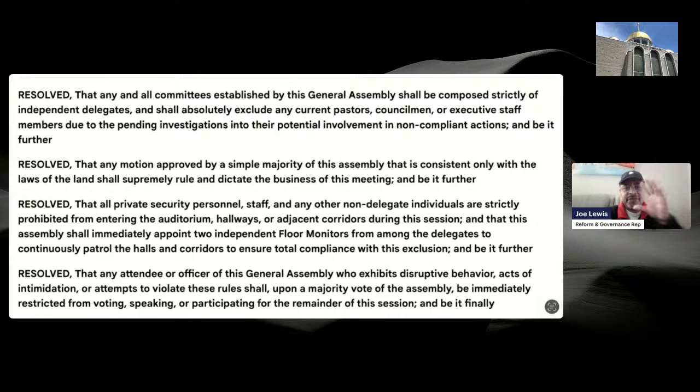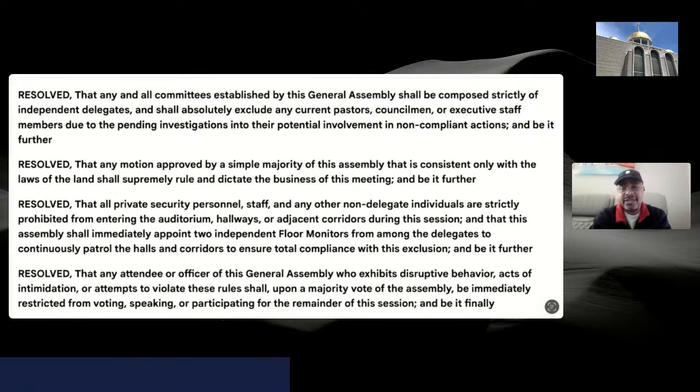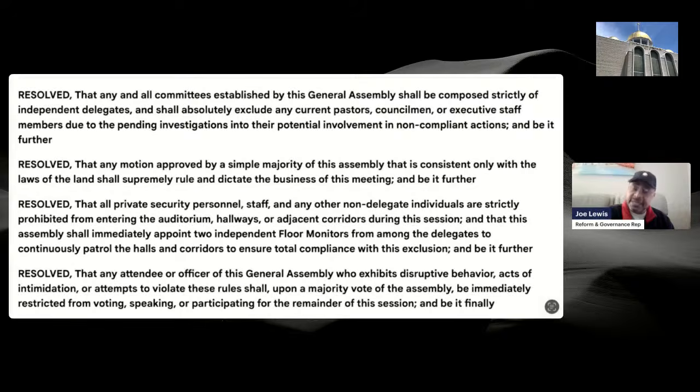And the monitors, we covered this: any attendee or officer of this General Assembly who exhibits disruptive behavior, acts of intimidation, or attempts to violate these rules shall, upon a majority vote of the Assembly, be immediately restricted from voting, speaking, or participating for the remainder of this session.